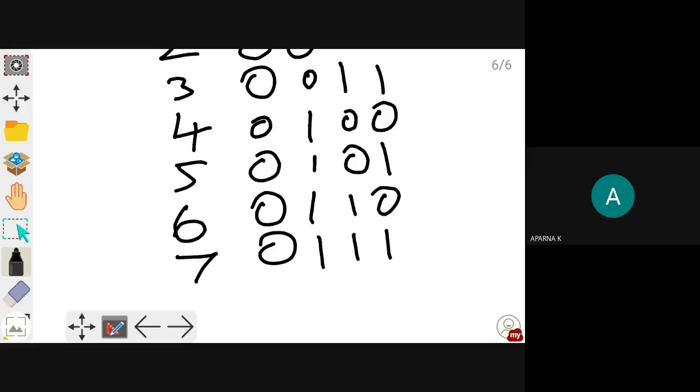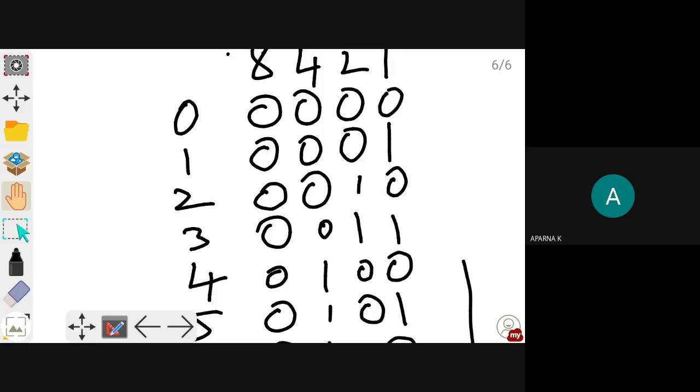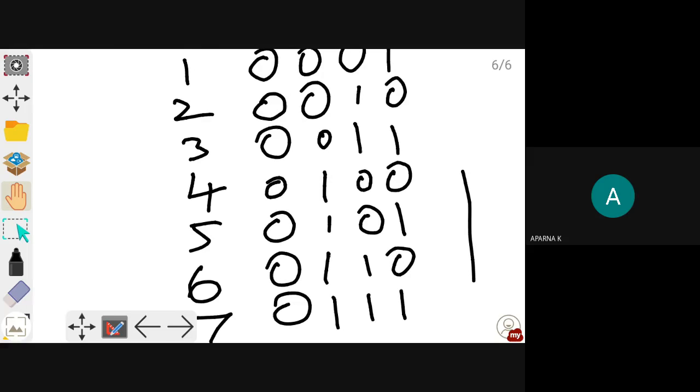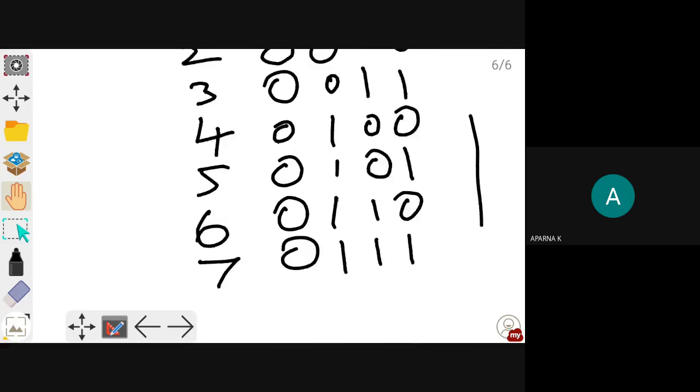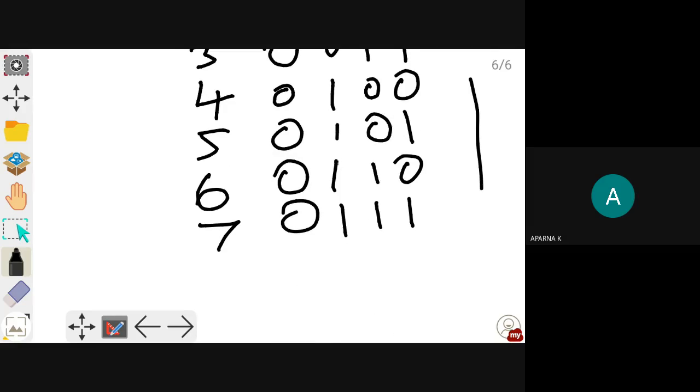So till now we have studied and written 0, 0, 0 to 0, 1, 1. All the things will be 0 here in the 8th bit. So next, 8 will be 1, 0, 0, 0.